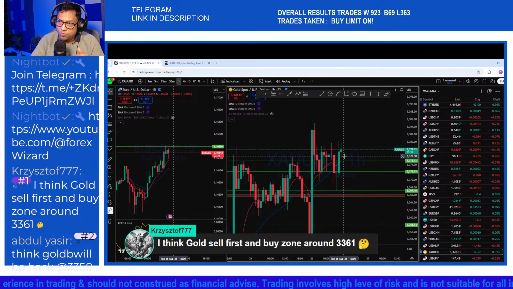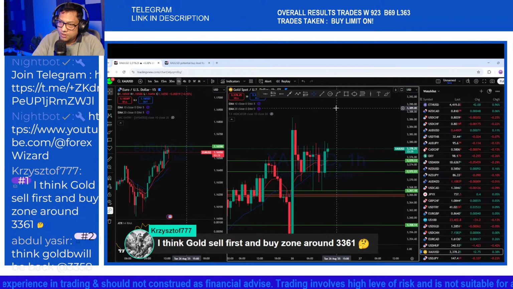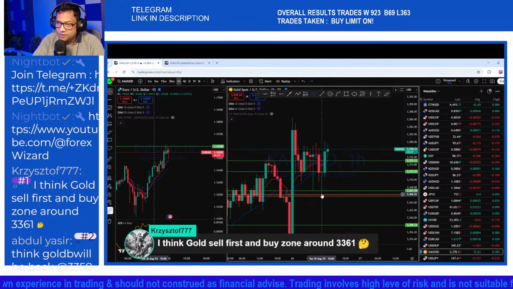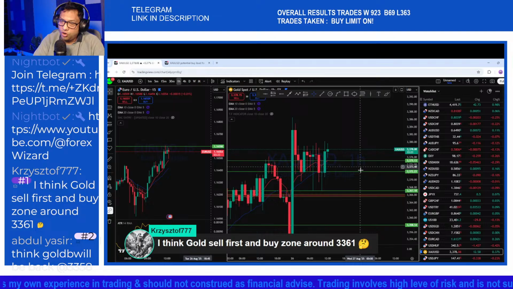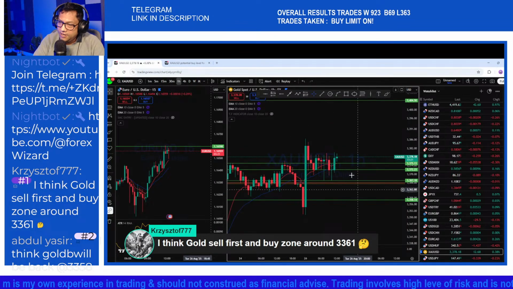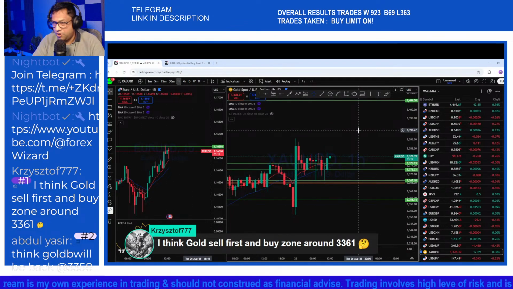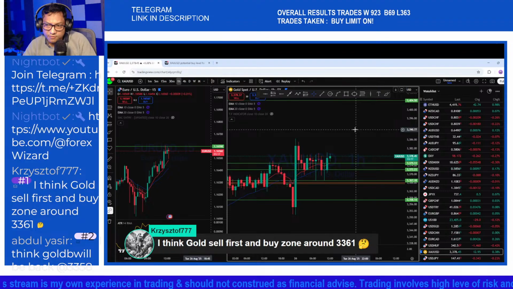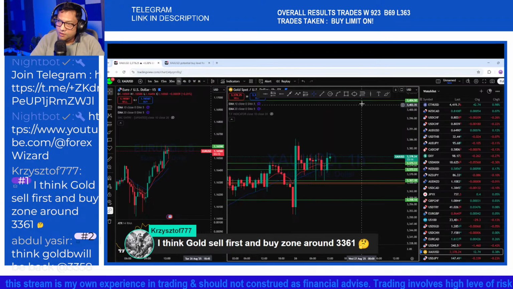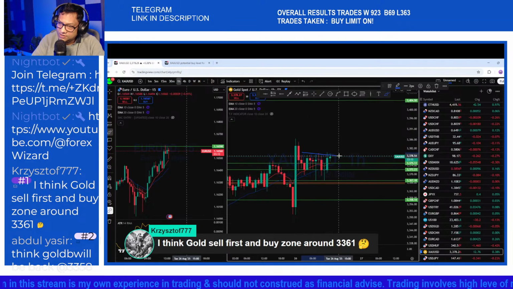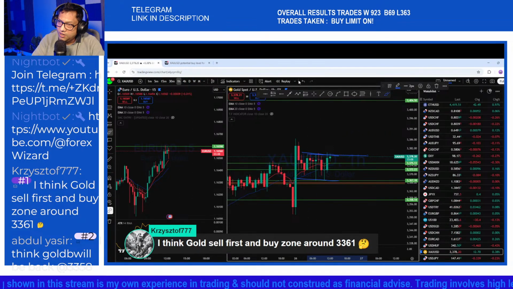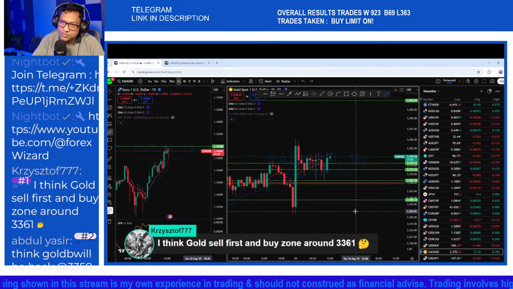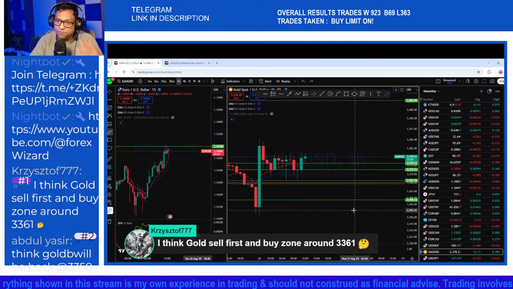Any break below here, the possibility to create a new higher high is less, as we see this market has still not fully gained momentum for a breakout. Instead, this structure that you can see here is still moving sideways, though we see some bullish bias.